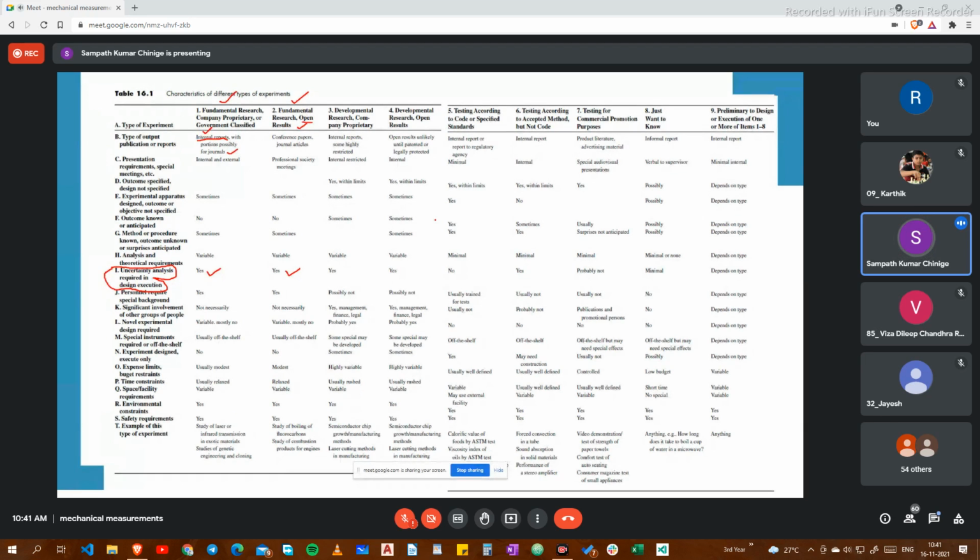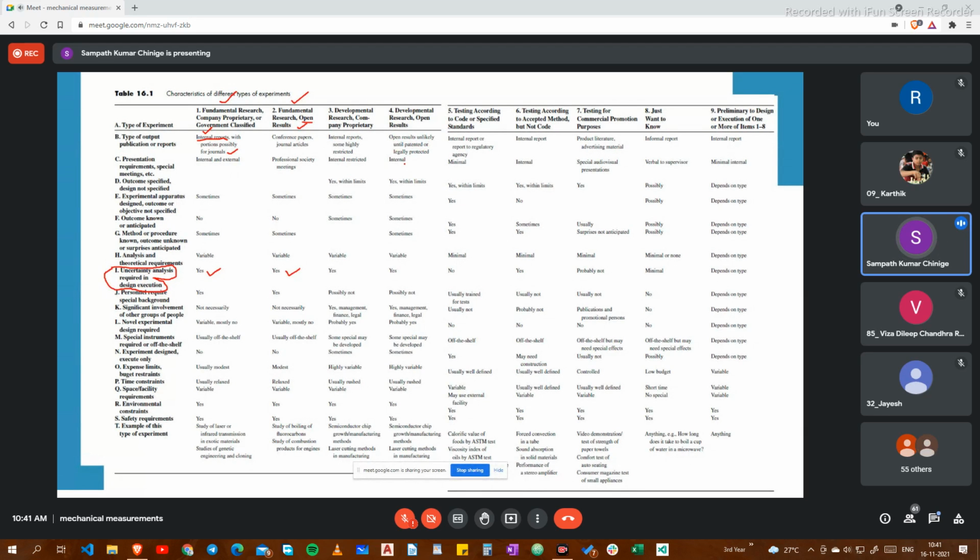The most important things I am trying to explain here: when it comes to output publication, it is internally restricted because it is proprietary and they are trying to develop a product. So they cannot give it out to publications and all. Open results, unlike proprietary ones, are open until patented or legally protected.